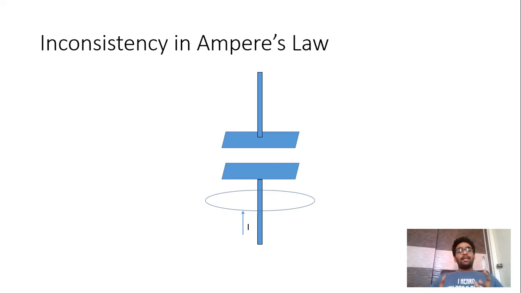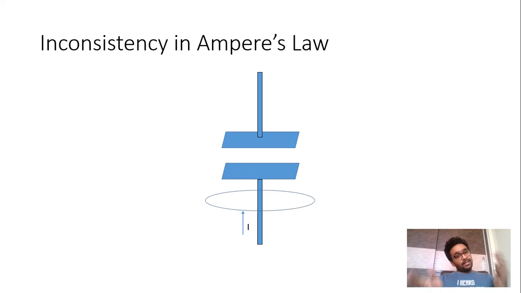The same idea emerged into a new form of Ampere's law. So Maxwell took a page from Faraday. Faraday told that if there is a change in magnetic field, then we'll have some electric field around it.